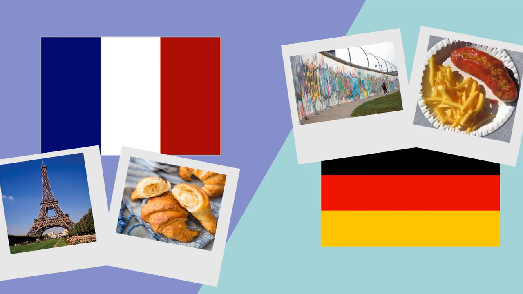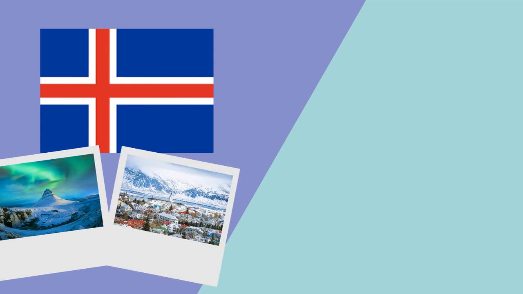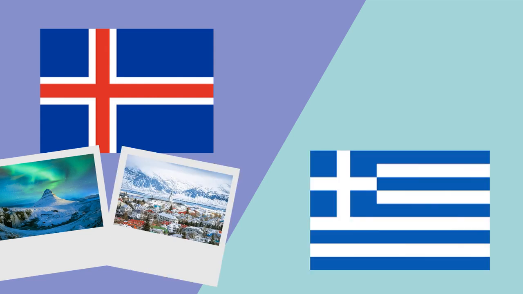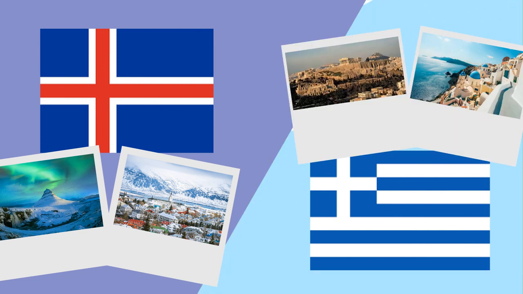But the differences are even bigger in countries that are far from each other. Take Iceland with its beautiful northern lights and snowy fjords, and Greece with its Mediterranean coastline and its ancient Parthenon.